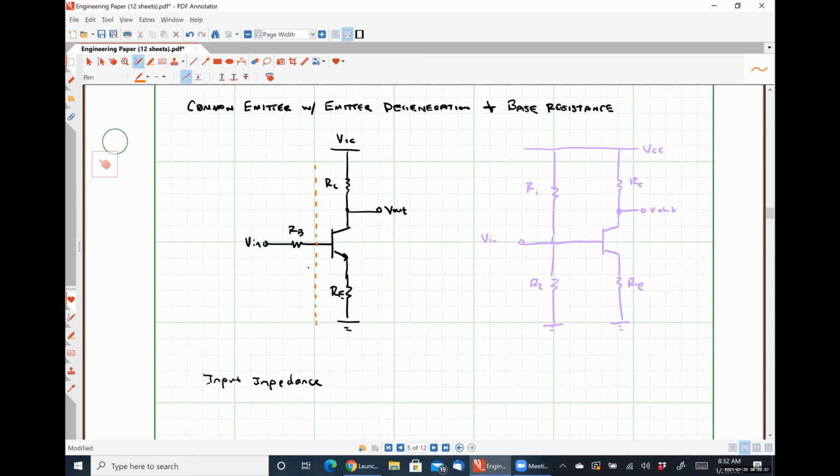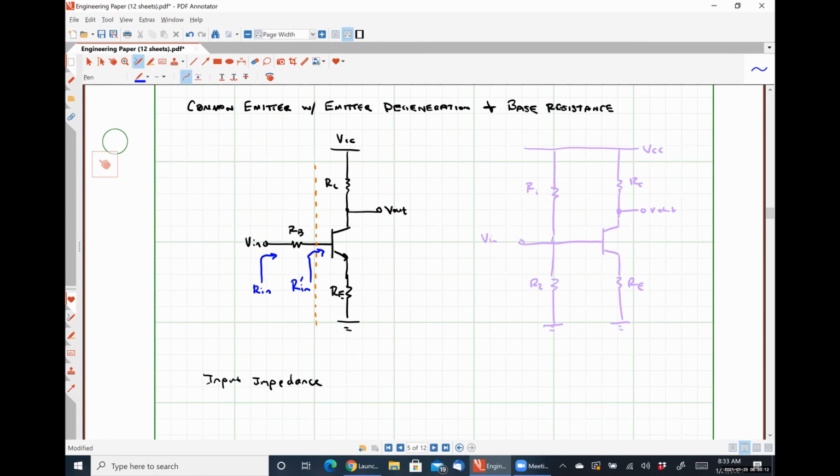So if we're looking in through this terminal, I'm going to call this guy Rin prime. We know exactly what that is. We just calculated it a few minutes ago. It's R pi plus 1 plus beta RE. So if we look in through this terminal, what do we see? Well, we just see RB plus Rin prime, okay?